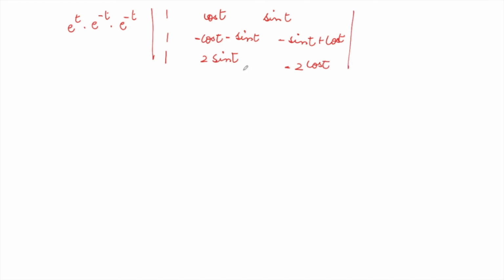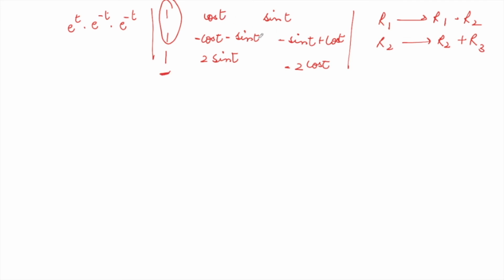Now to find the value of this determinant, can I say R1 can be written as R1 minus R2, and R2 can be written as R2 plus R3? I am doing these two so as to make these two places 0, because if two of these places are 0, then calculating the determinant would be very easy, because here we have 1.